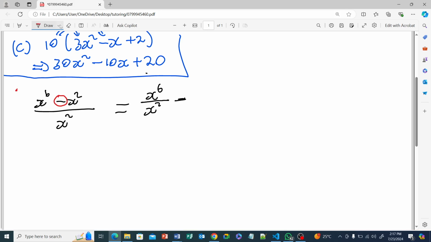On the second part of the fraction, we have x squared divided by x squared. Now x to the exponent of 6 means that x is multiplied by itself 6 times: 1, 2, 3, 4, 5, and 6, divided by x squared, meaning x multiplied by itself twice, then minus x times x divided by x times x.